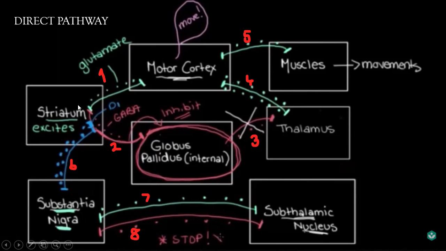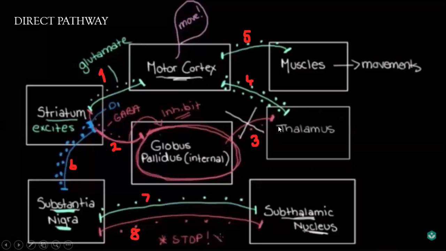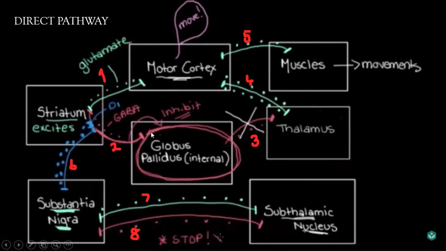So once the striatum is excited, it is actually inhibiting the globus pallidus interna. As this globus pallidus interna is inhibited, it loses its inhibition to the thalamus. Normally the globus pallidus interna will cause inhibition to the thalamus. When the striatum is activated, it is inhibiting this inhibition to the thalamus. So the thalamus is less inhibited and the motor cortex starts to move.